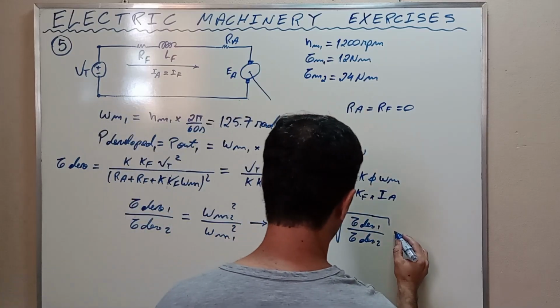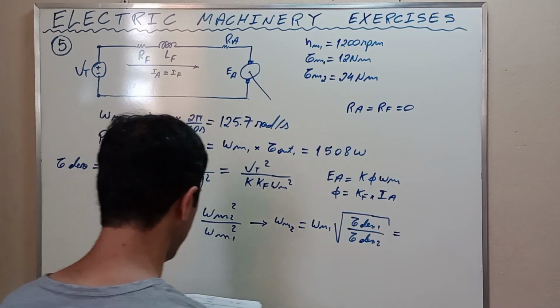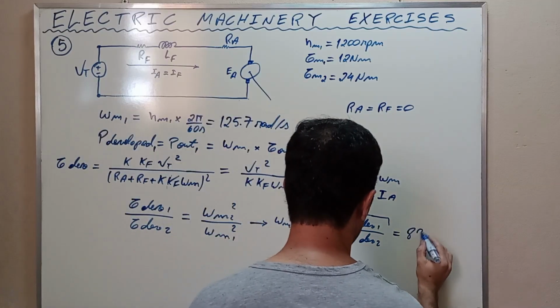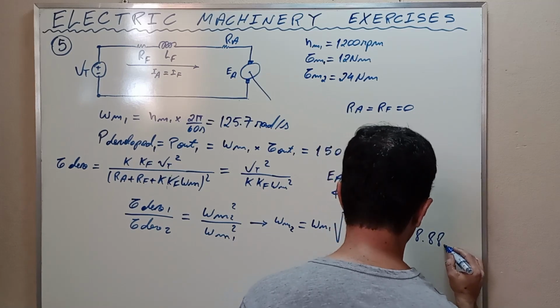And then we find that this velocity here, number 2, is equal to 88.88 radians per second.